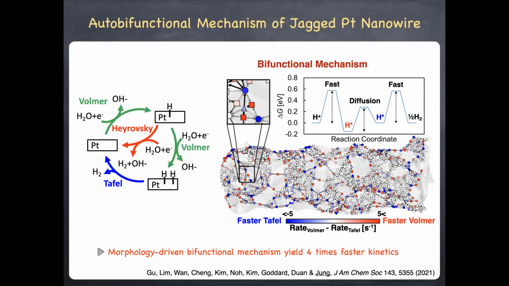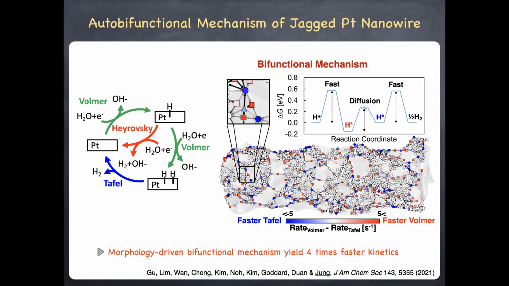So we realized that hydrogens are adsorbed in one site, favorable for the adsorptions, and then diffuse to the sites where the couplings are more favorable. And so this is basically a bifunctional mechanism where two different morphologies give you the synergies such that the overall activity is enhanced by a factor compared to the conventional mechanism.